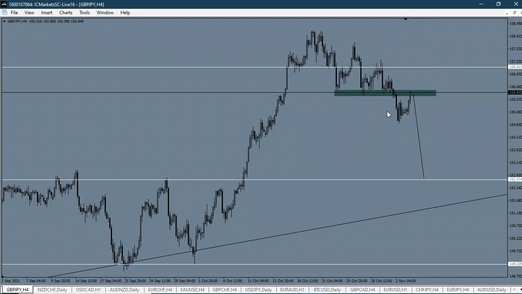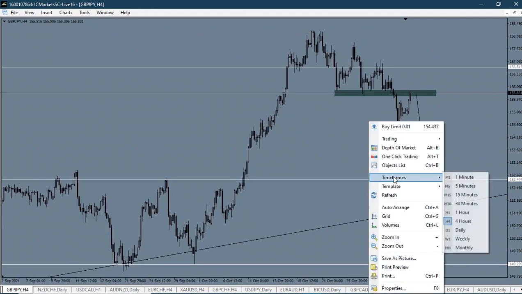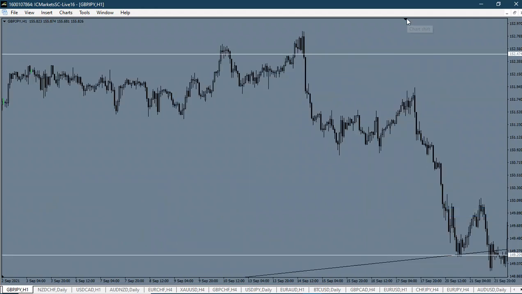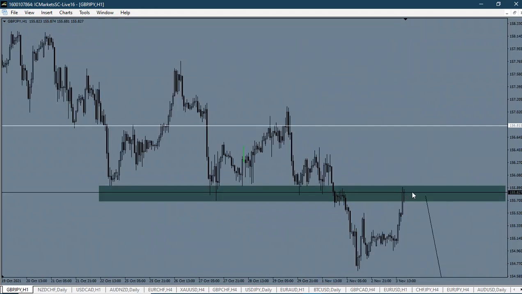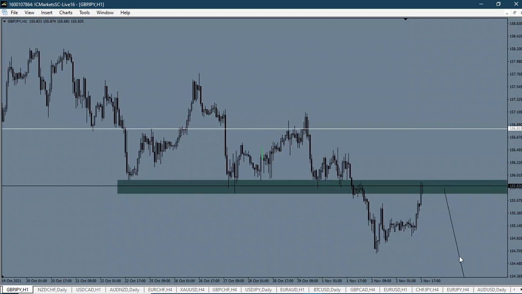Our second one, price may immediately drop from this zone right here, price may be dropping to complete our move towards the downside.